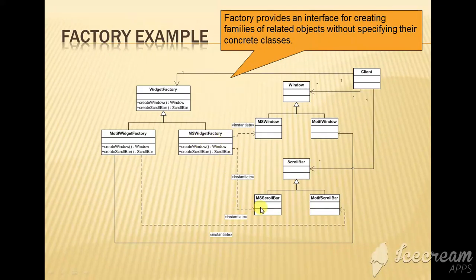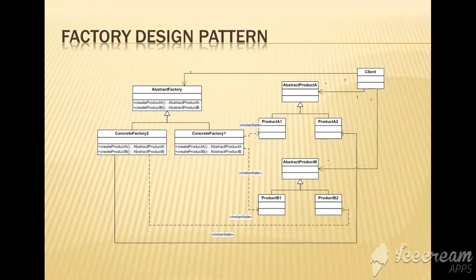There is an interface between this and this, and this and this, without specifying their concrete classes. They don't specify their concrete classes, but they have the interface between them. So this is a factory example, the factory design pattern.